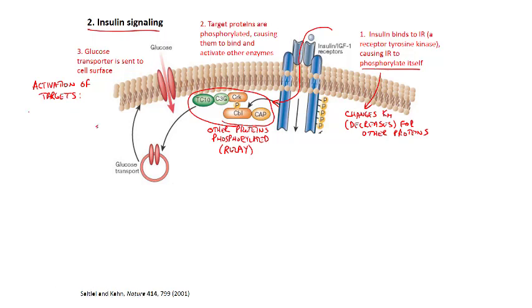So the first target protein that gets activated is this glucose transporter called GLUT4, glucose transporter 4. So what is this? It's a transporter protein that normally sits on these little vesicles that are stored inside the cell. But in response to insulin signaling, these get moved to the plasma membrane.